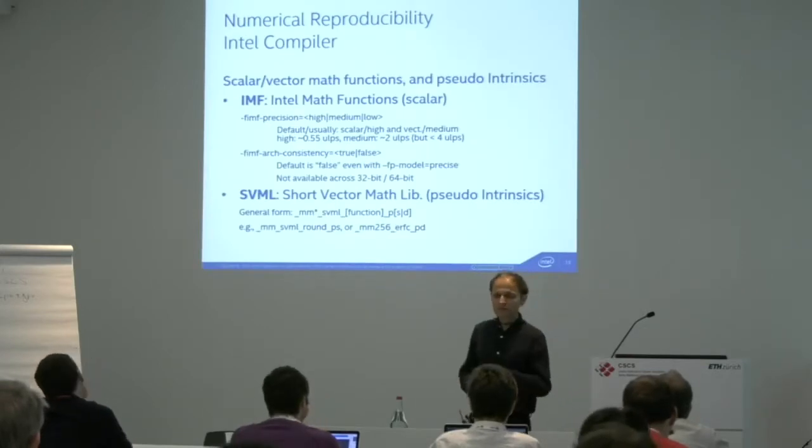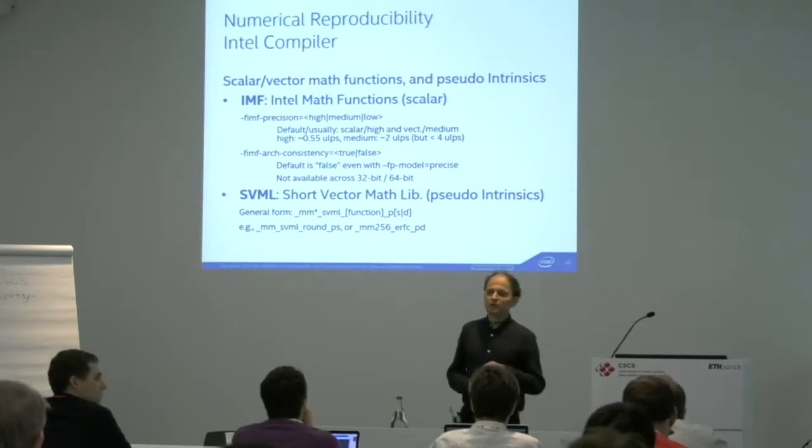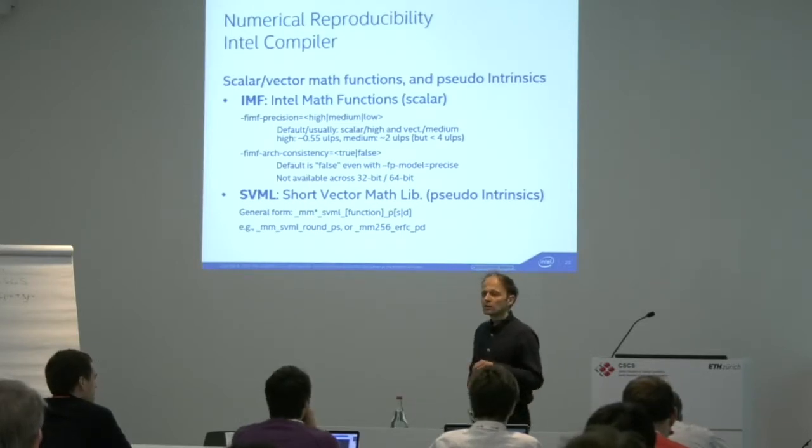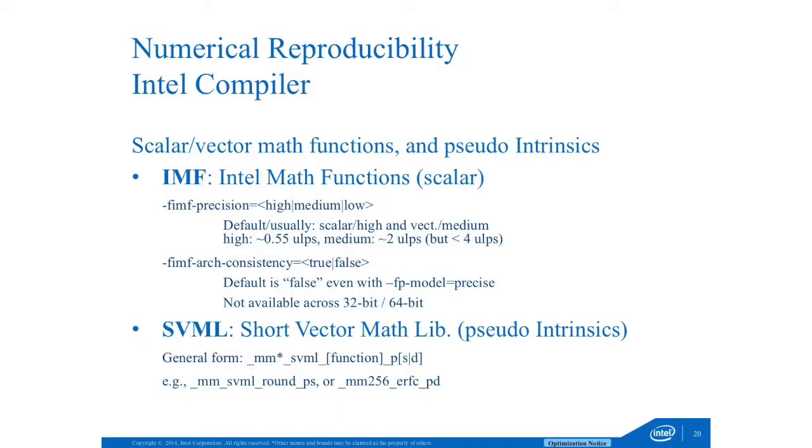Numerical reproducibility doesn't stop at the code generation level. In the Intel compiler, you have very fine-grained control of the math library. IMF means Intel math functions, which usually refers to the scalar math library. You can define or request accuracy as a whole, overall, across all functions.